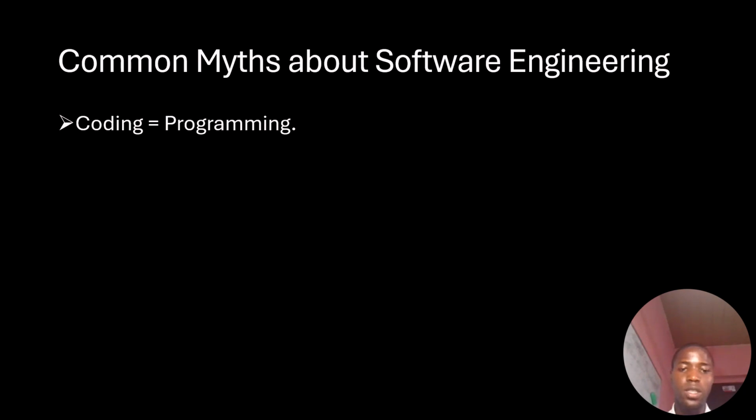It's not programming in general. So coding is not programming. So when you say I am coding, you actually mean you are implementing. Then when you say I am programming, it can mean a whole lot of things, from actually thinking about how you are going to solve a problem that you are facing.